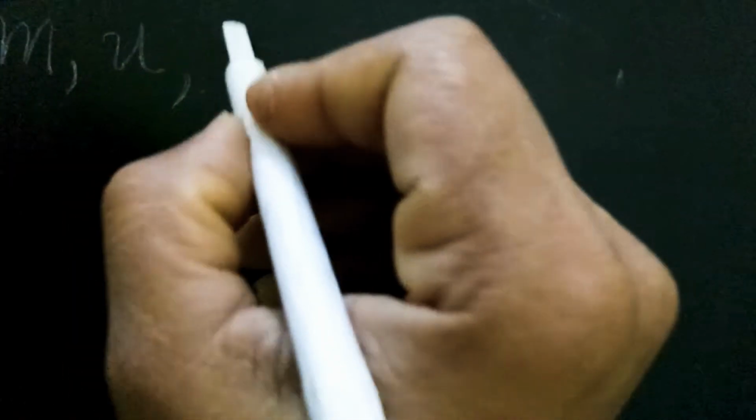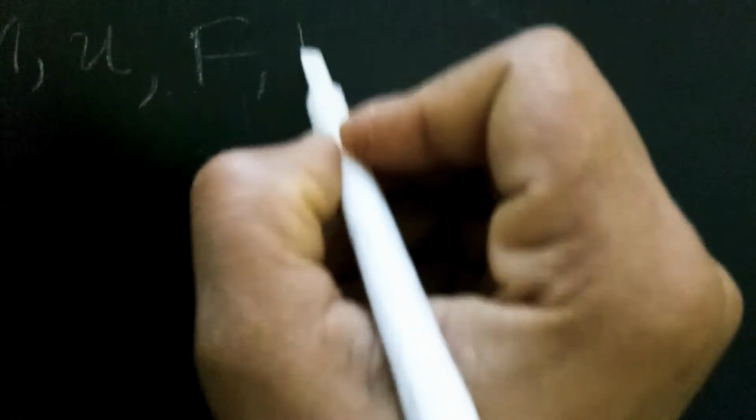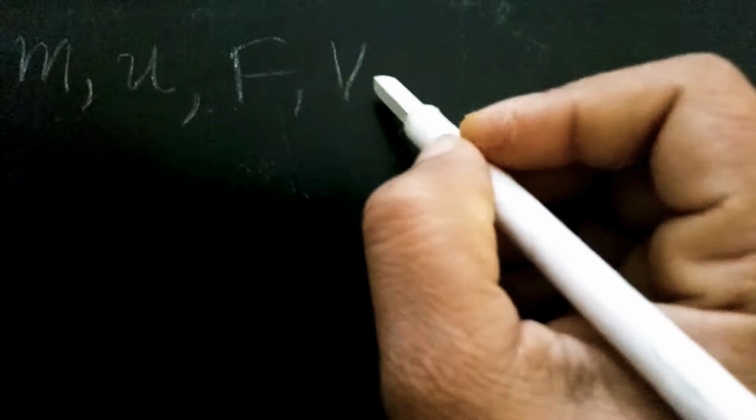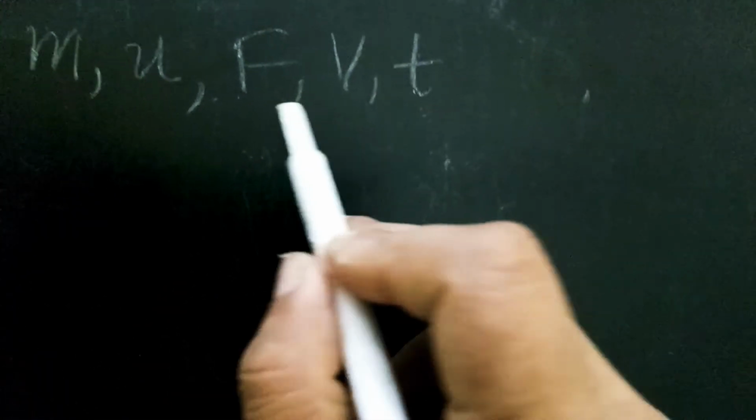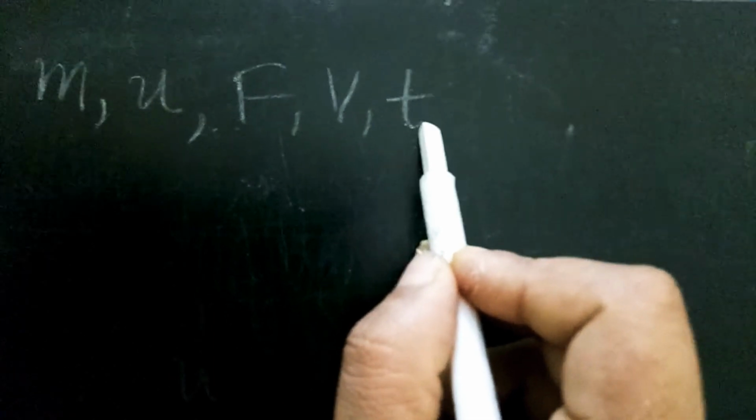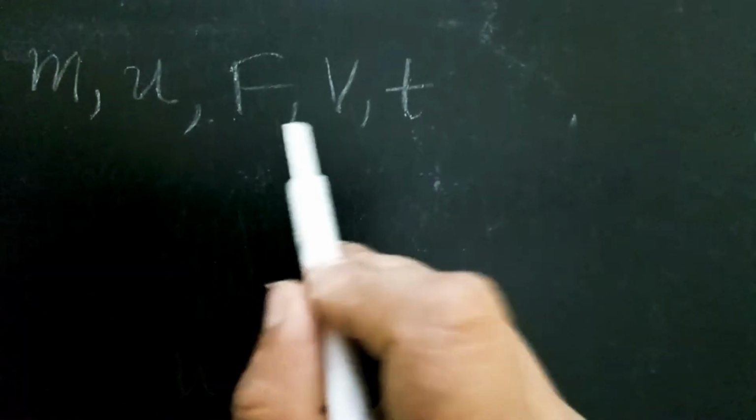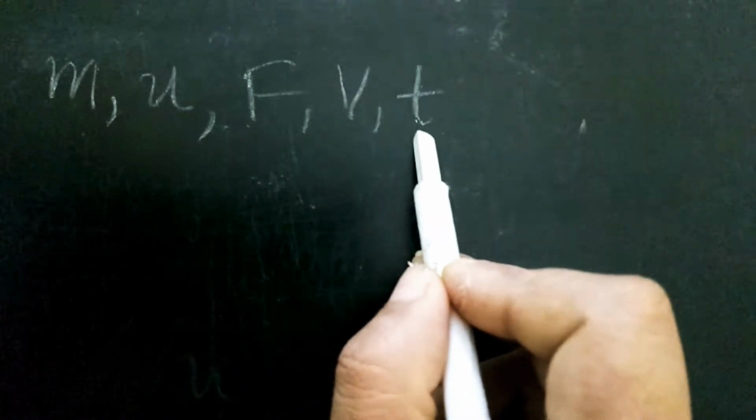A constant force F is applied so that its velocity changes to v in time t. That means this constant force is applied during the time interval t.